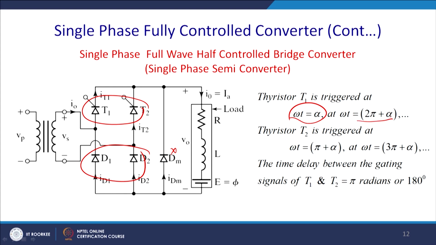So, it will conduct till omega t equal to 2 pi plus alpha. Thyristor T2 is triggered at an angle pi plus alpha, so accordingly the time delay between T1 and T2 is going to be 180 degree.